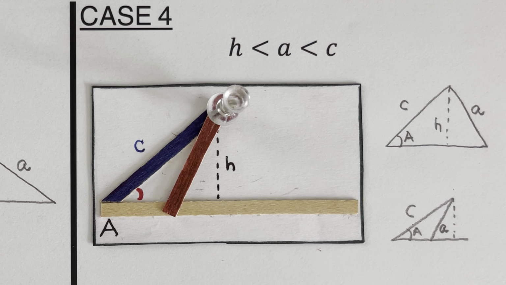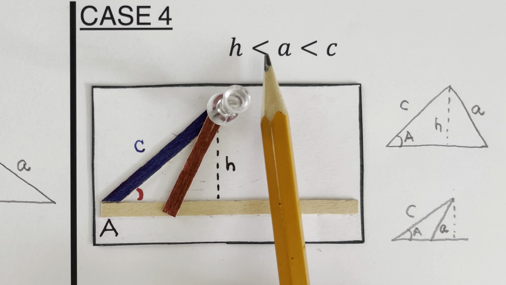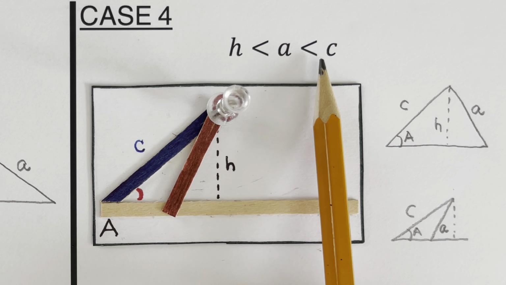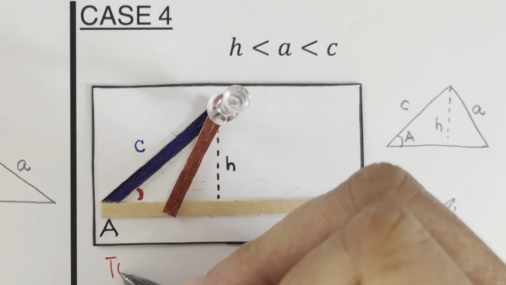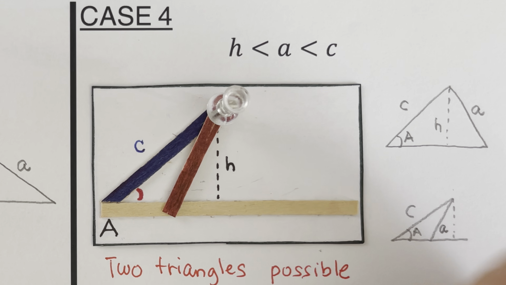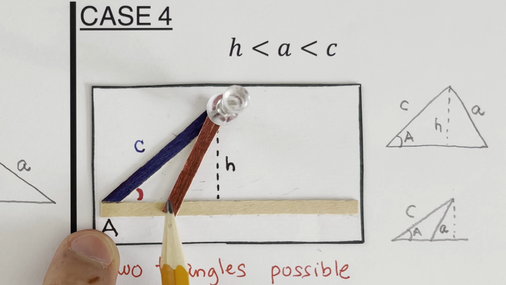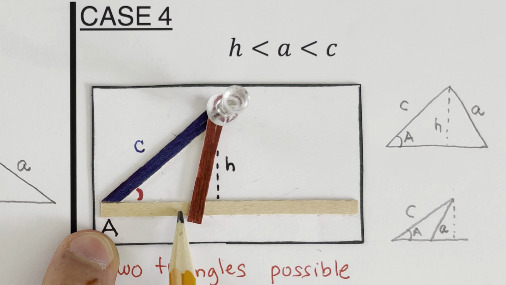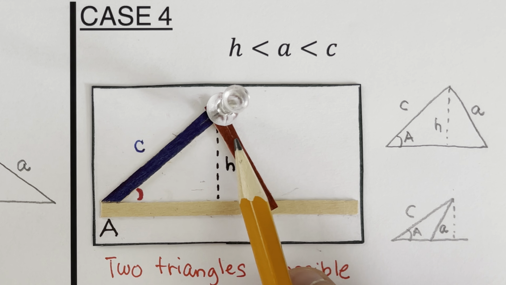This means that for case 4, whenever our a is longer than h but shorter than c, we are able to create two triangles. So I'm going to label that down here. Two triangles are possible. This is the first triangle, and the other triangle would be on the other side once we swing this side a.